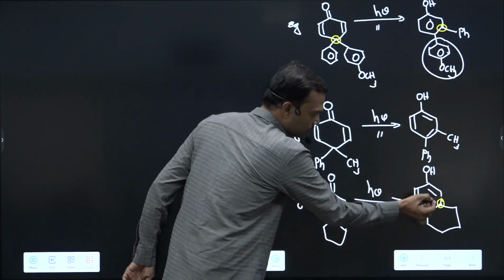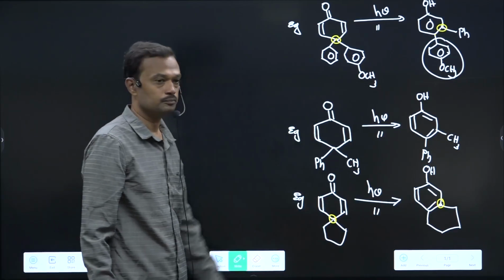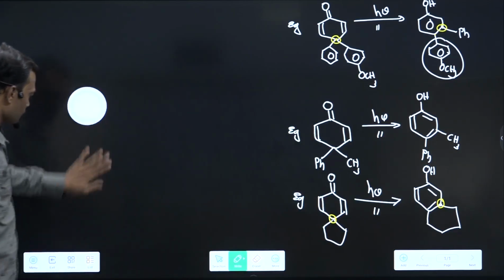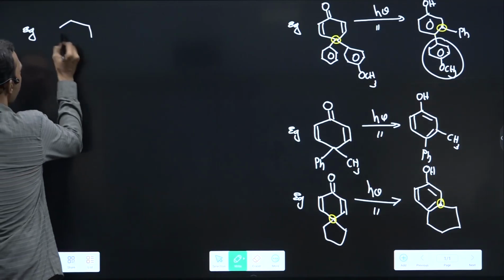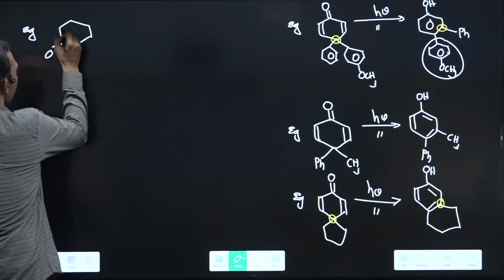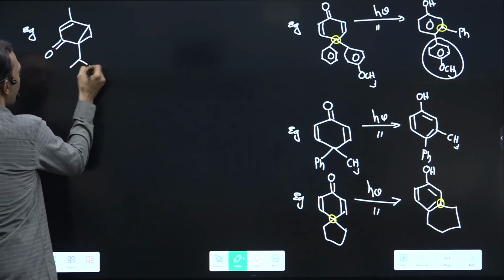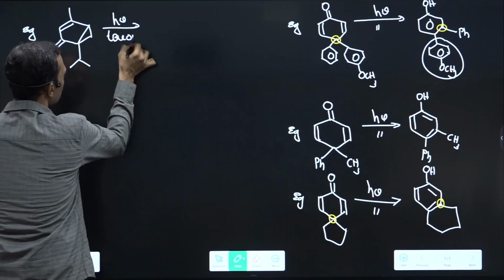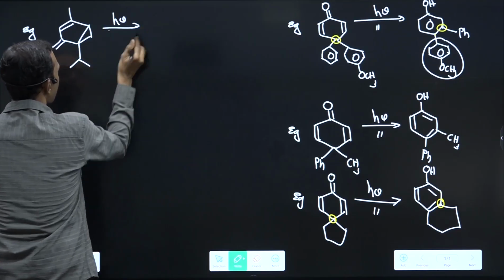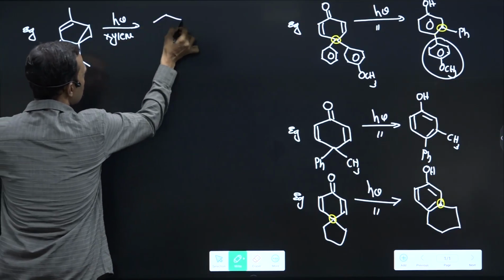So this side one product, this side one product. Para is major, that's why I am writing only para. So this is photochemically on irradiation. Xylene. So your answer is this one.